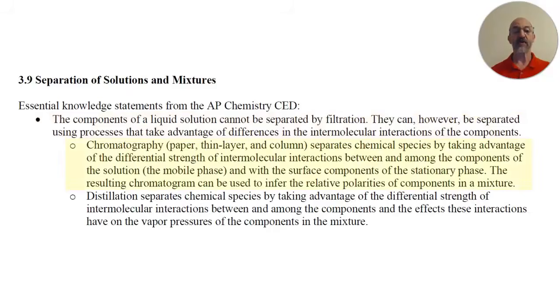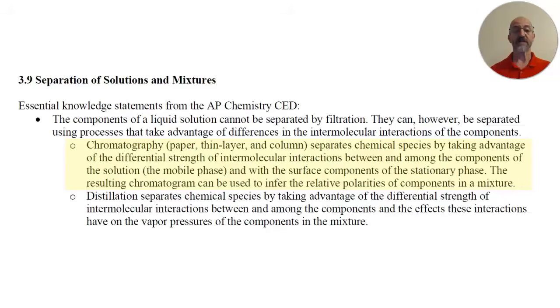So we have chromatography, paper, thin layer, and column, which separates chemical species by taking advantage of the differential strength of intermolecular interactions between and among the components of the solution, the mobile phase, and with the surface components of the stationary phase. And the resulting chromatogram can be used to infer the relative polarities of components in a mixture.